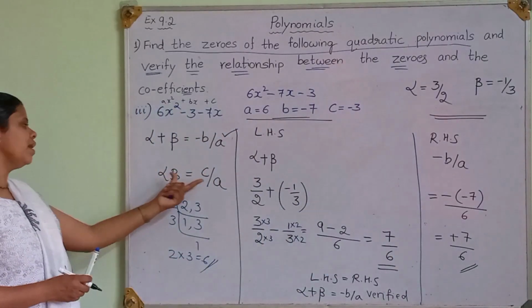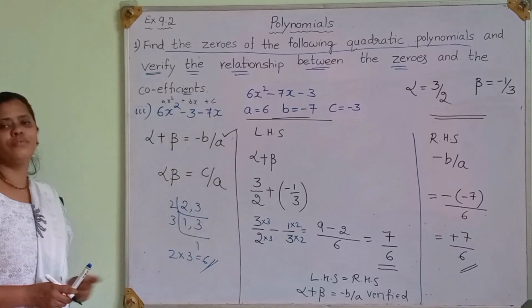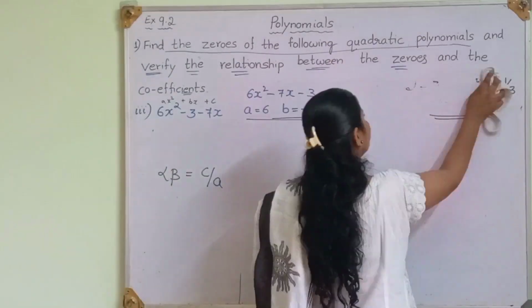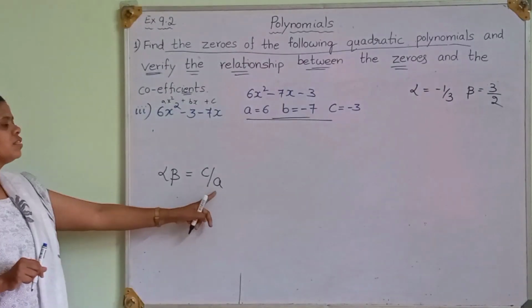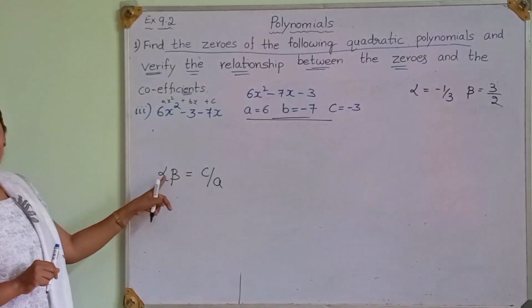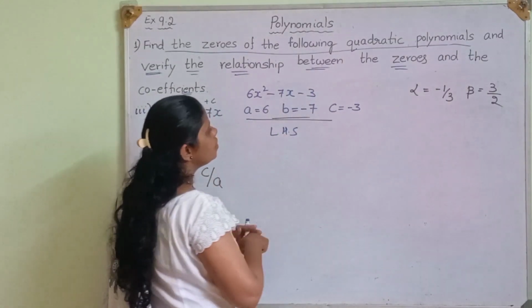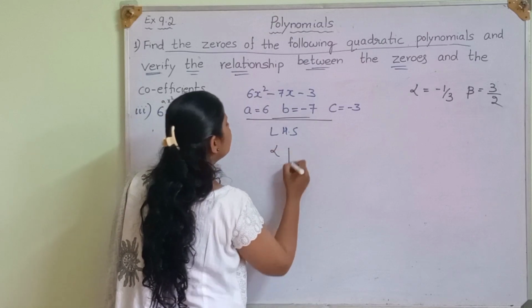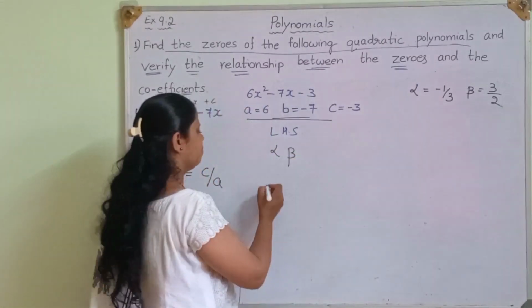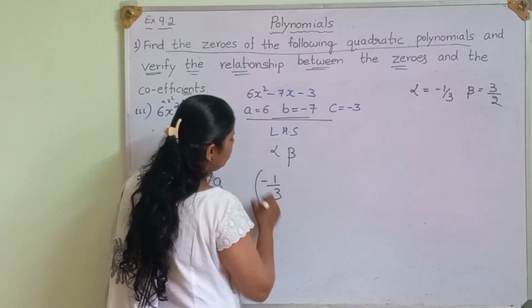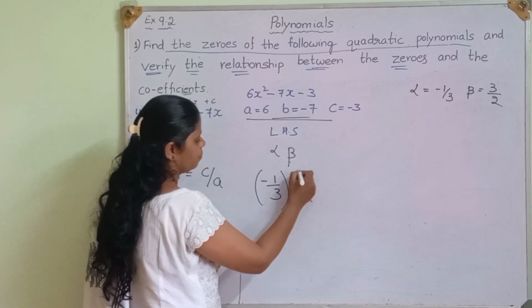Now we have to verify this formula. First let me rub the board. Now let us verify this formula: alpha beta is equal to c by a. What is the LHS? That is alpha into beta. The value of alpha is minus 1 by 3, into beta, which is 3 by 2.